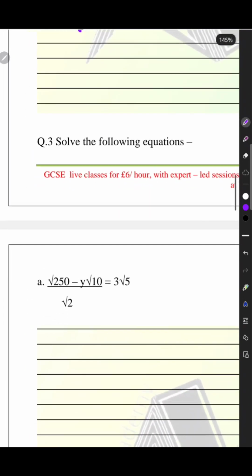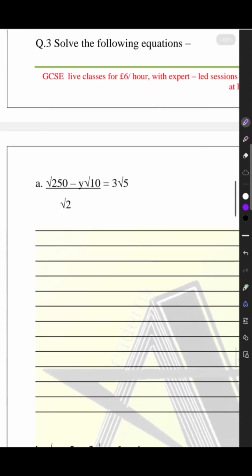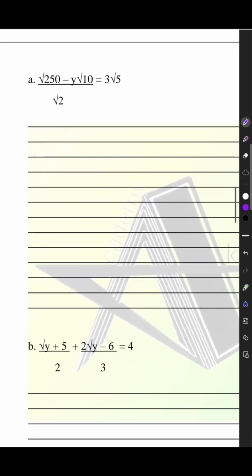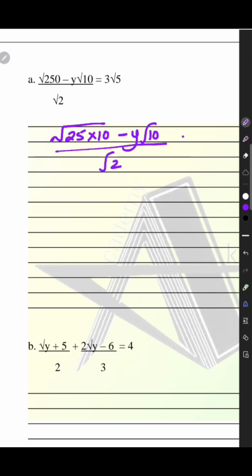Moving on to question number 3, solve the following equations. So basically here, if it's written as an equation, that means there must be a variable in it, and here it's y and we are supposed to find the value of y. For that, obviously we have to simplify it. So root 250 can be written as root 25 times 10, minus y root 10 over root 2 is equal to 3 root 5.